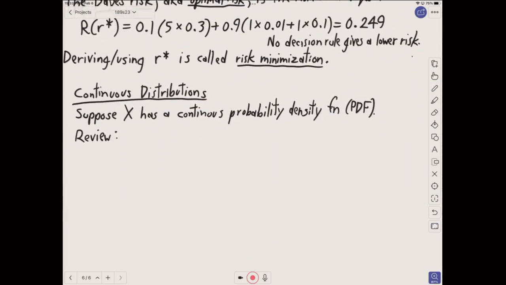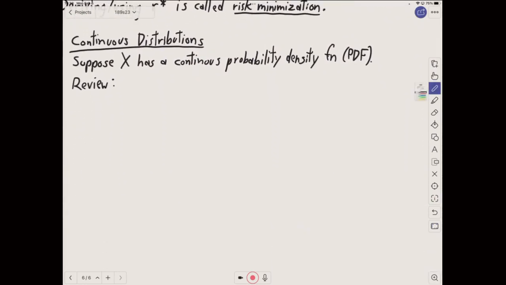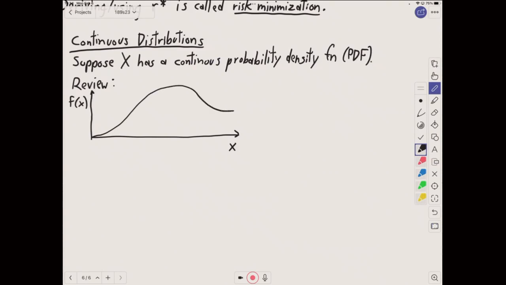A little bit of review about things you should already know about this. Let's suppose that you have a variable x, and we have a PDF, f of x, that gives us a distribution over x. Maybe it looks something like this.